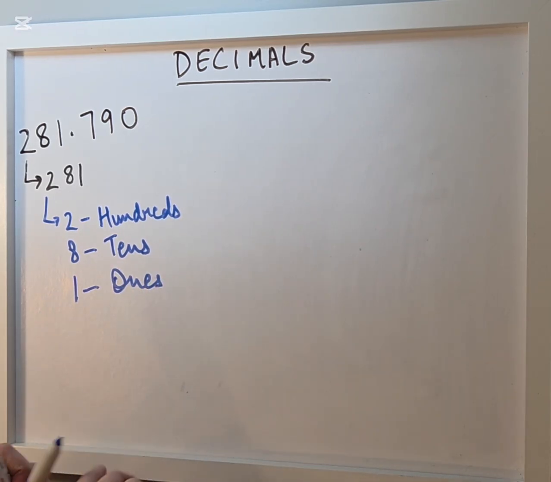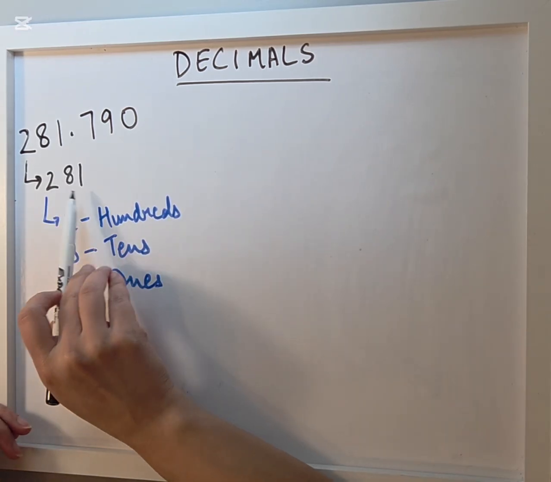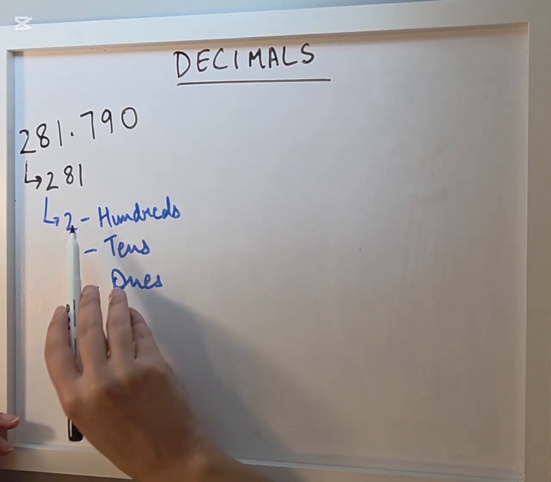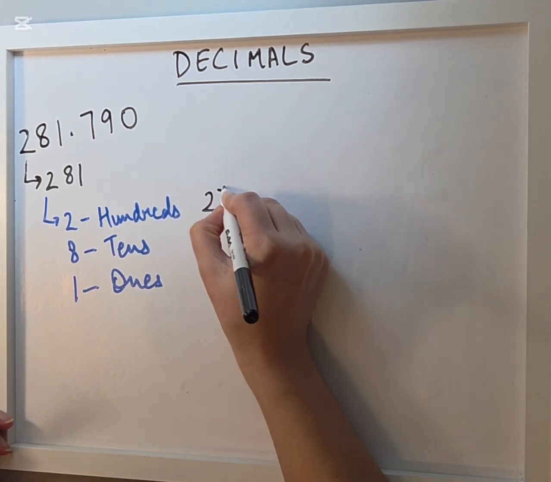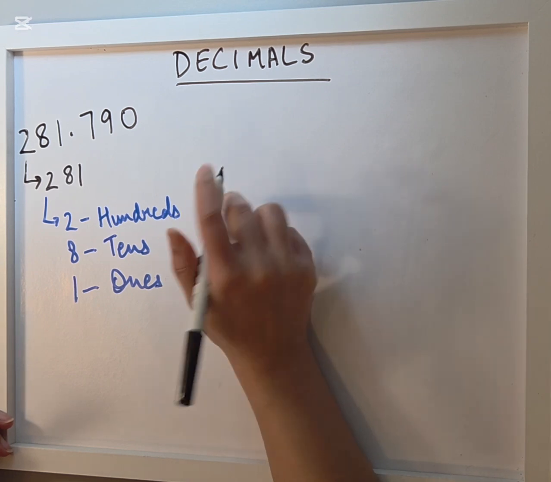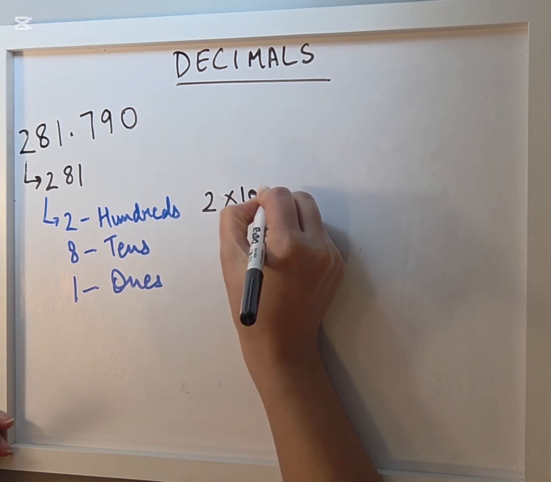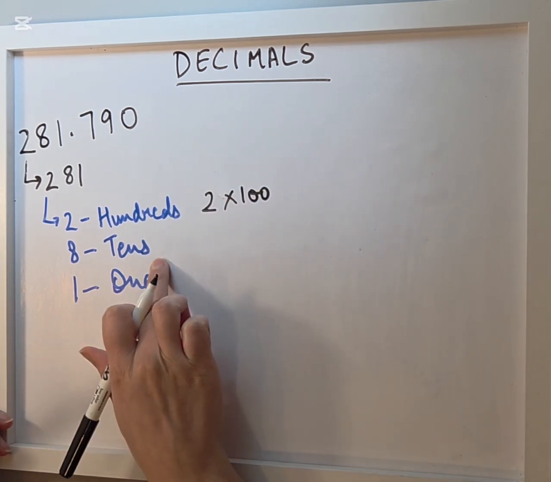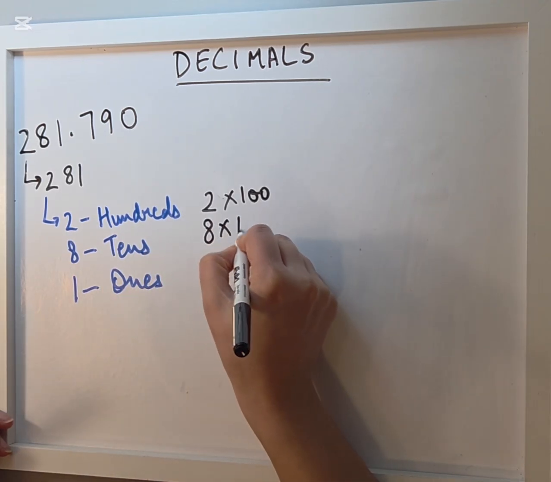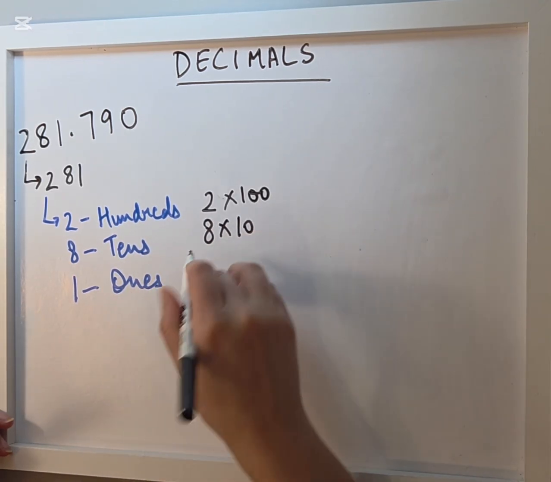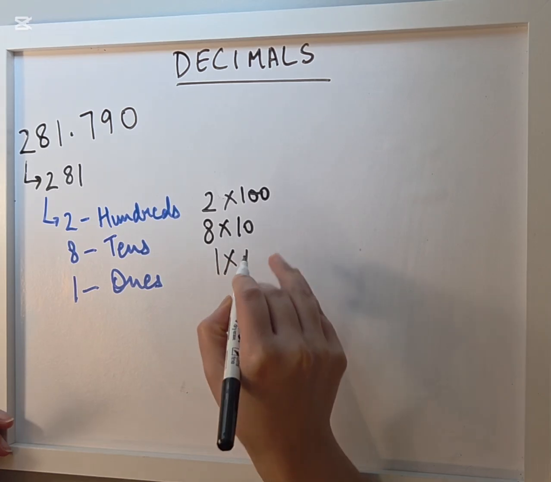Now what do we mean by this? In 281, 2 hundreds will be represented as 2 into 100, 8 tens will be represented as 8 into 10, and 1 will be represented as 1 into 1.